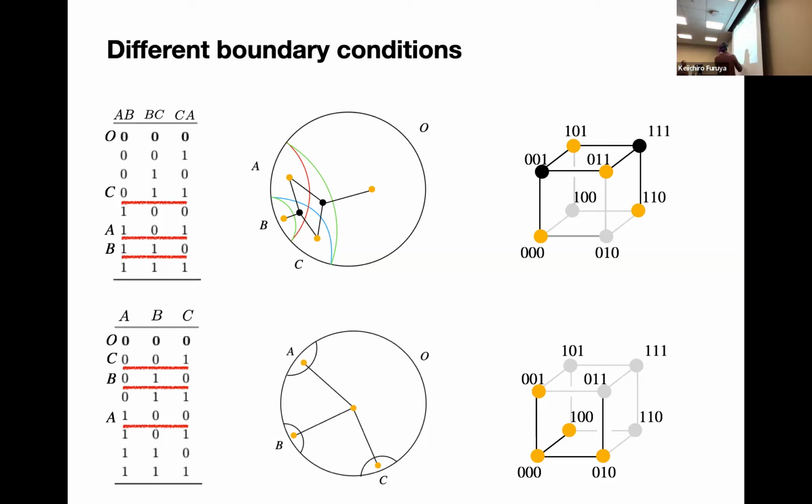Once you have this RT surface, here I define an unweighted graph, just for our purpose. If you really want to define a graph that encodes the sufficient information of the bulk geometry to calculate the entanglement entropy, you need to put the weight on the edge, like the RT formula, gamma A over 4G Newton.